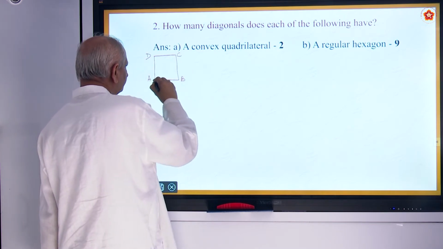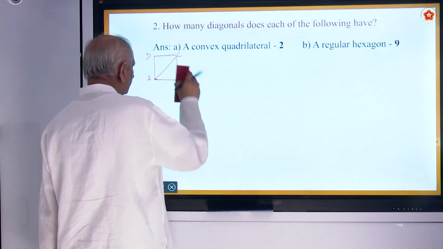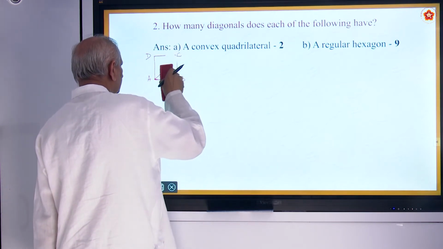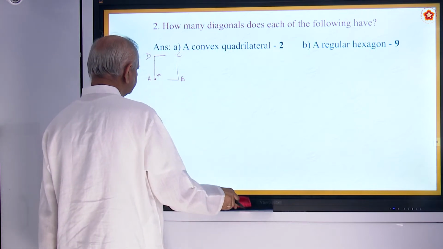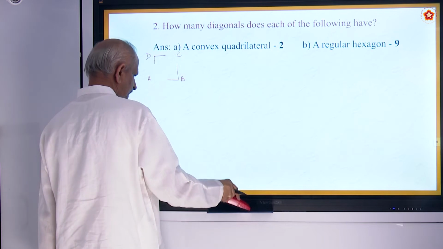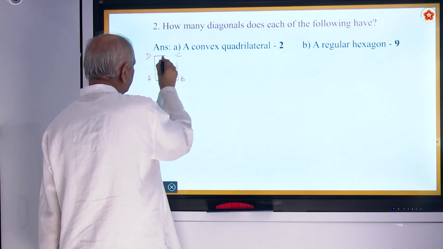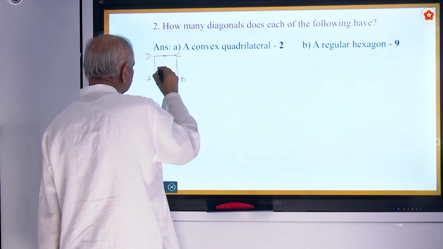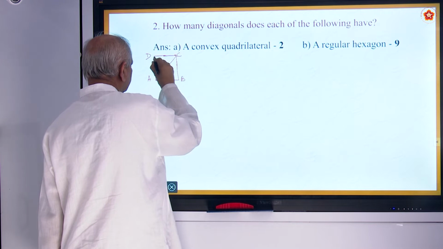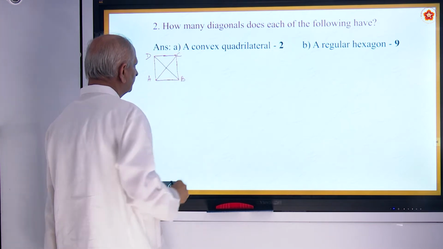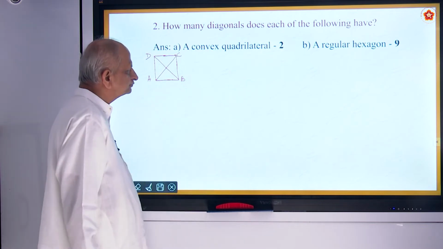One is AC, correct? AC is one diagonal, and BD is another diagonal. So, the line joining the opposite vertices is called a diagonal. So, that is how you write it.